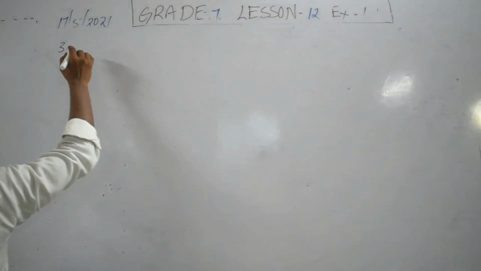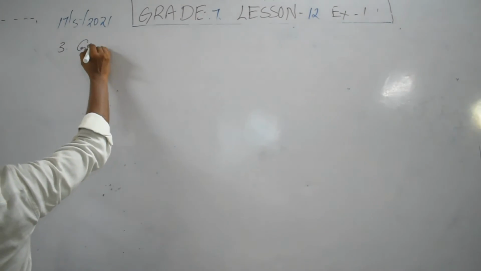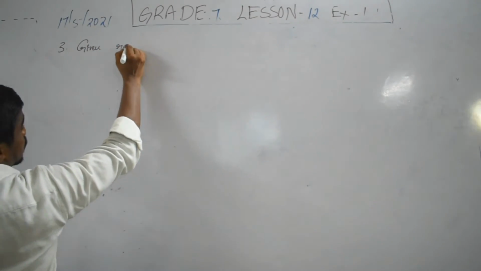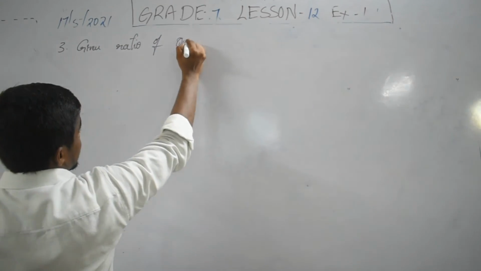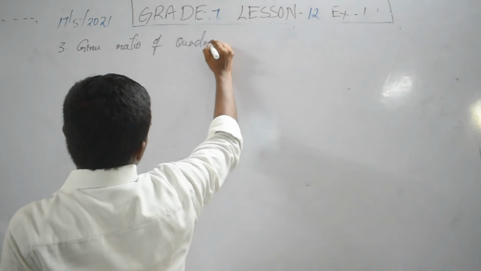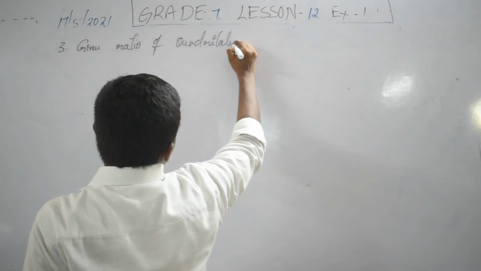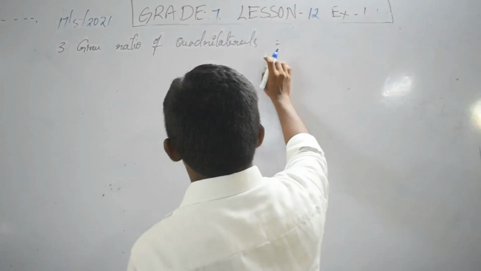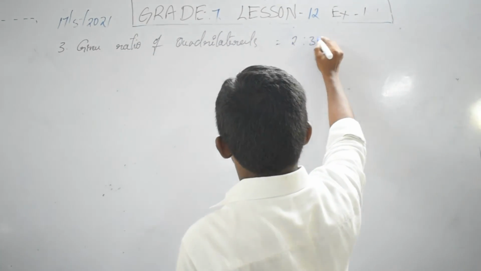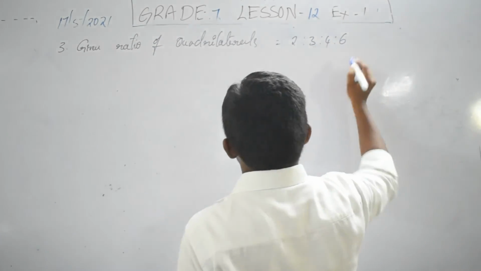Here the given ratio of angles of the quadrilateral is 2:3:4:6.